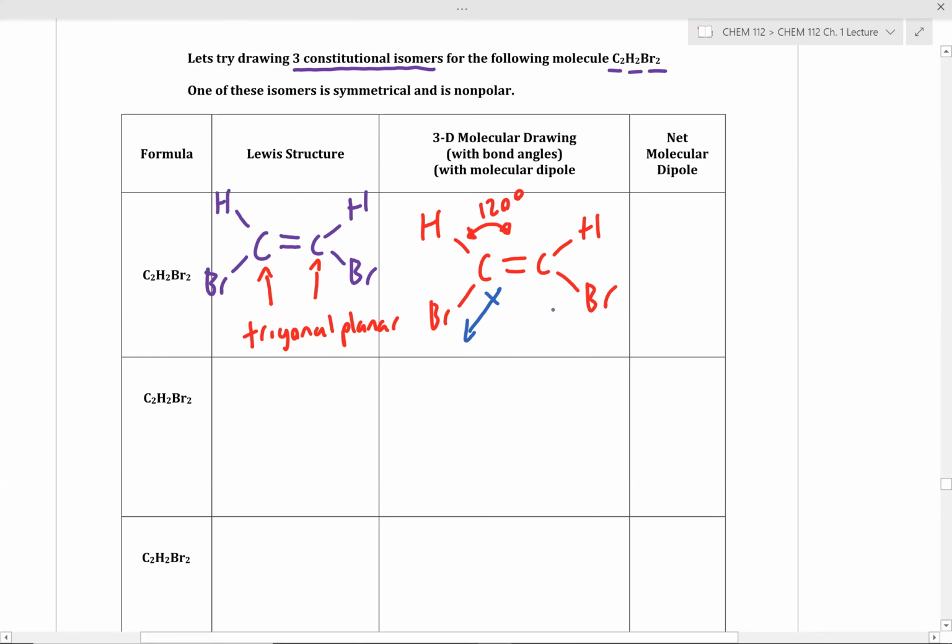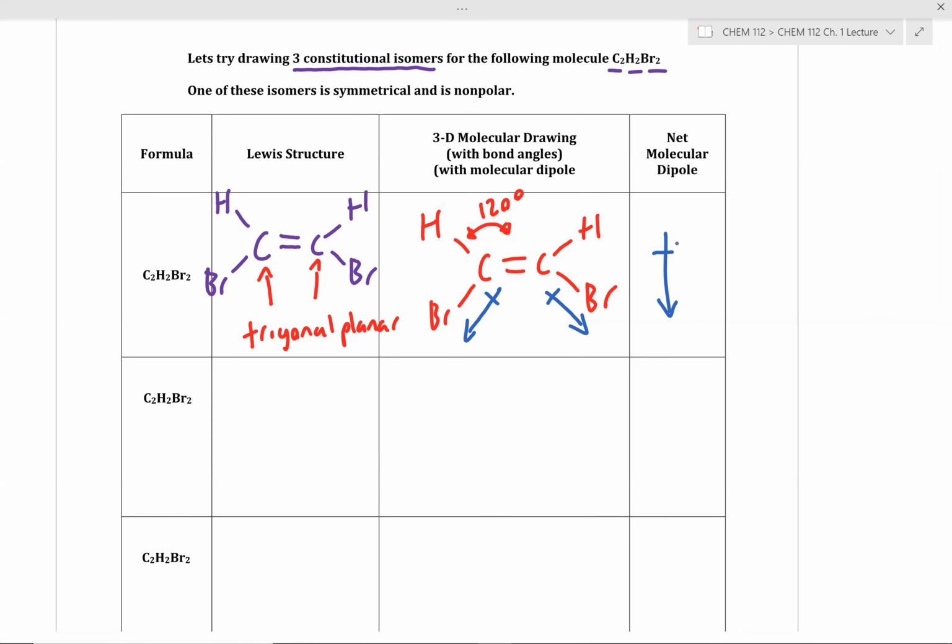Perfect. This other carbon-bromine bond is also polar. If we think about our next dipole, where are both of our dipoles pointing? Up or down? Down. So then, is this specific constitutional isomer considered polar?